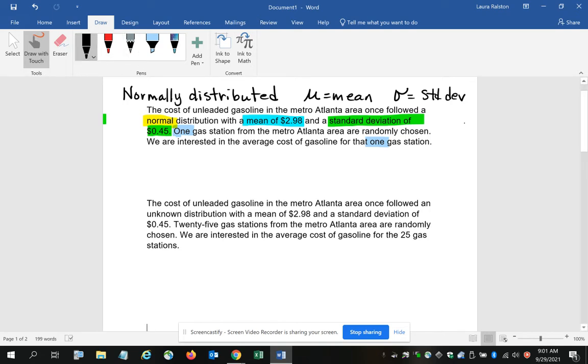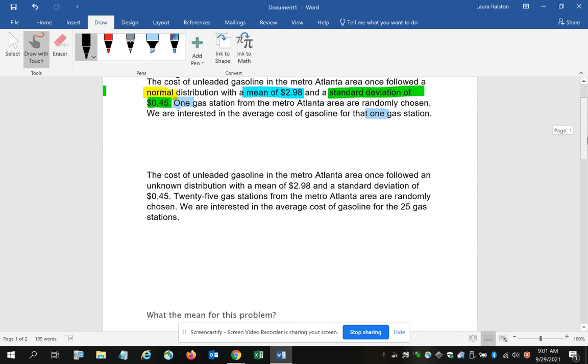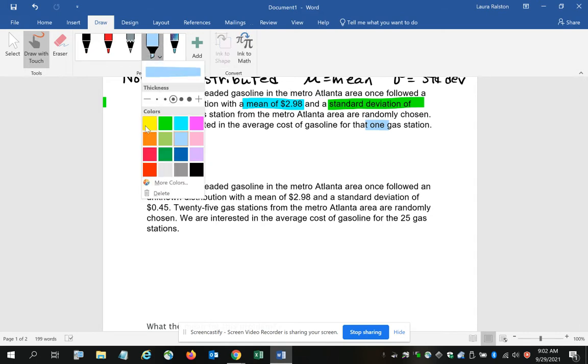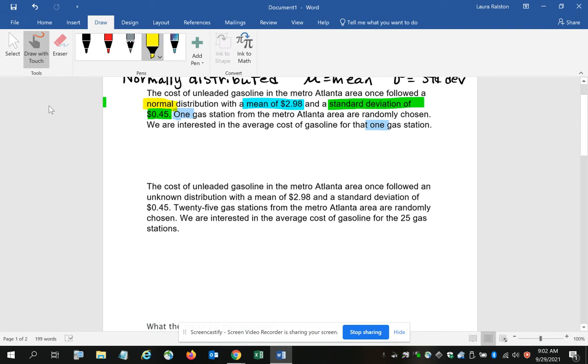Now, if we look at the second one and begin to read through it, it says the cost of unleaded gasoline in the metro Atlanta area once followed an unknown distribution with a mean of $2.98 and a standard deviation of 45 cents. 25 gas stations from the metro Atlanta area are randomly chosen.